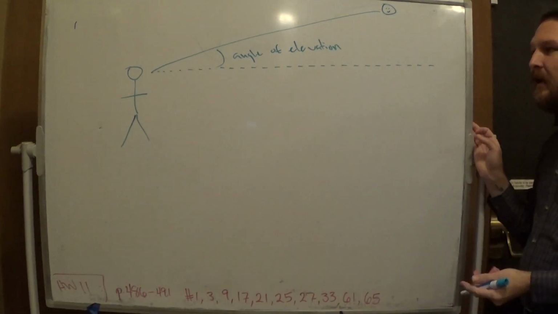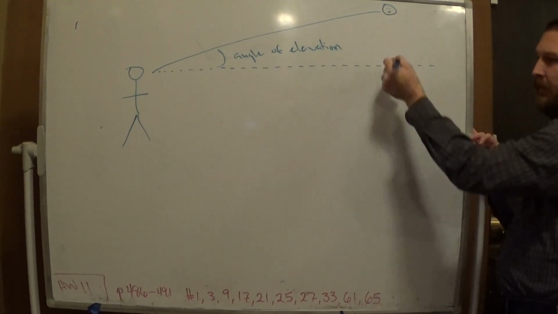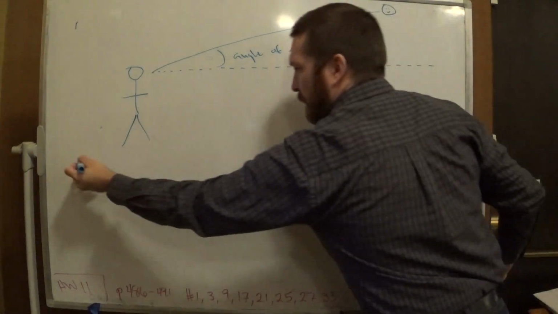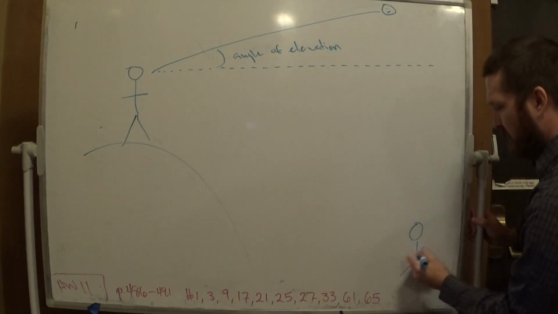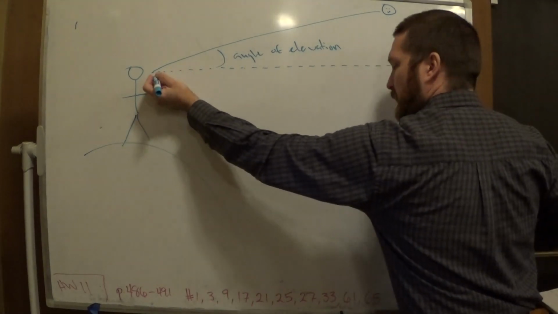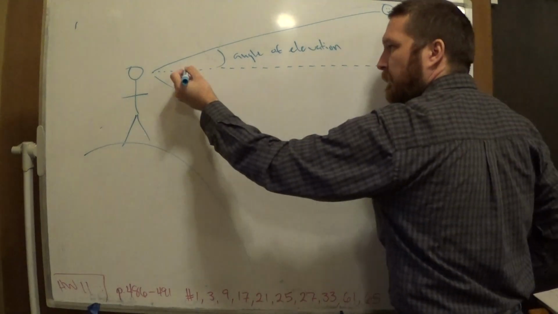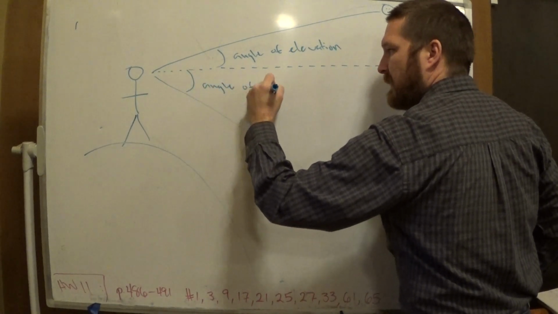Okay, so they'll just say the angle of elevation is x, blah, blah, blah, find the height of the thing, right? Or they could say, perhaps you're standing up on a mountain and there's somebody down here and you want to look, et cetera, right? Then this would be called the angle of depression.